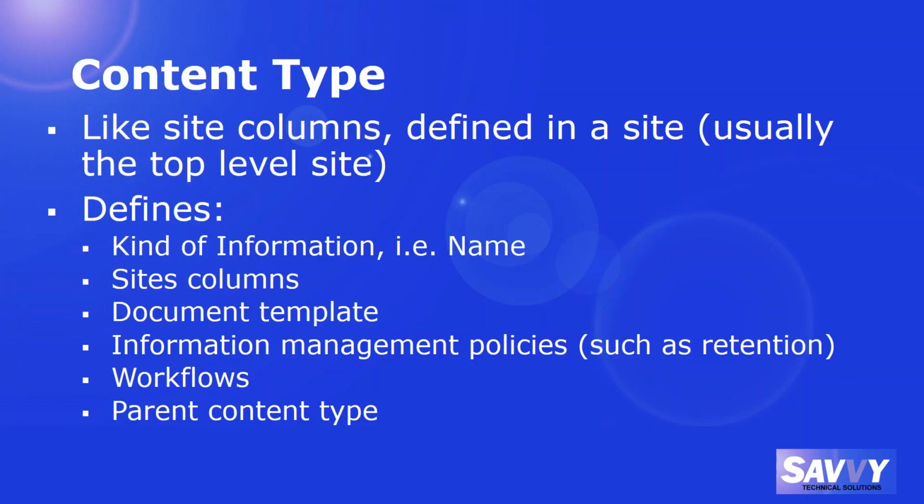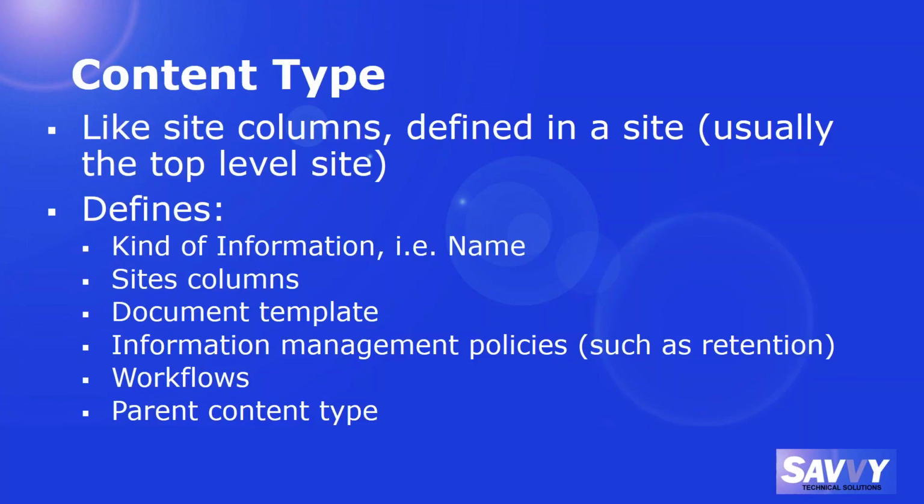But the idea is you take these site columns and you can bring them together to form a particular kind of content. And this is important because it's usually reusable. So let's think of it this way.